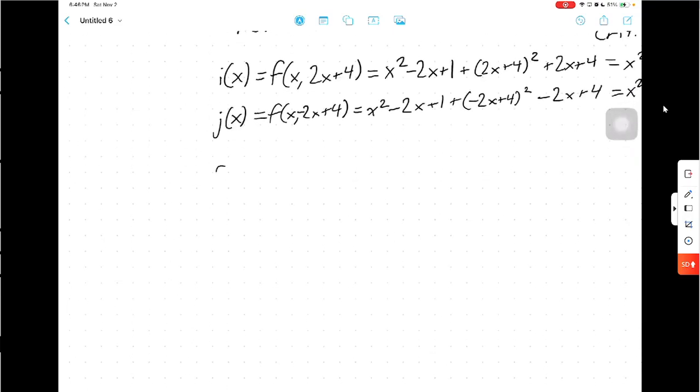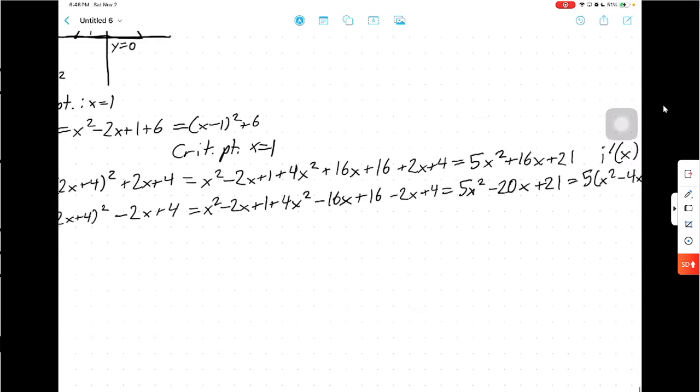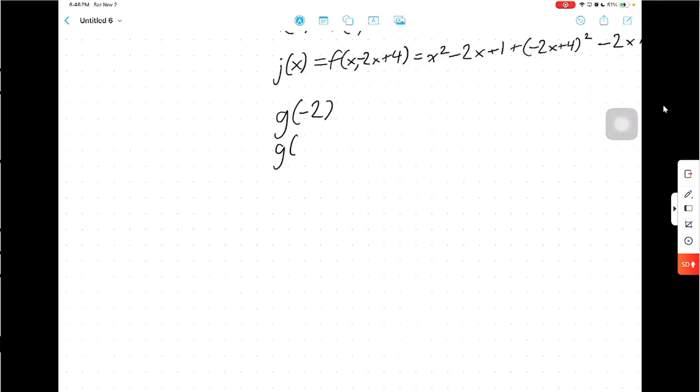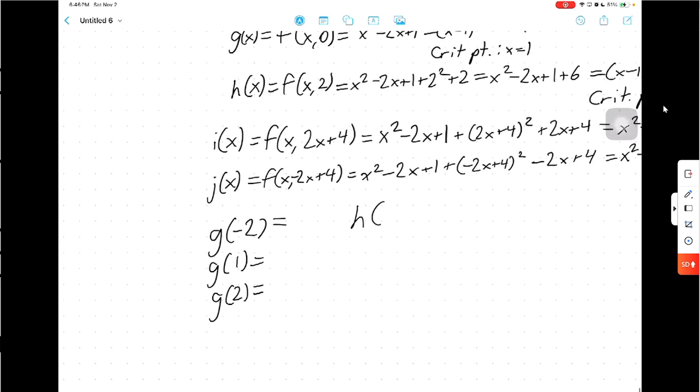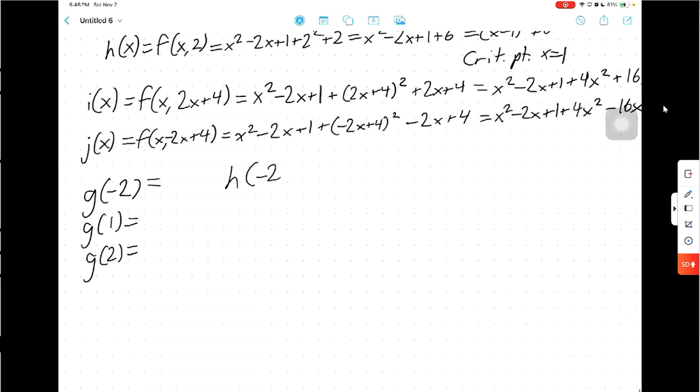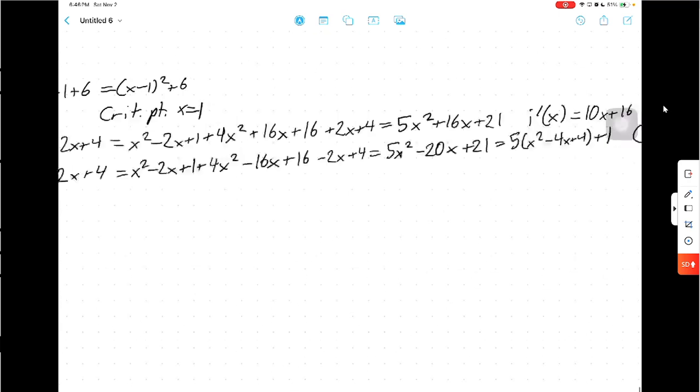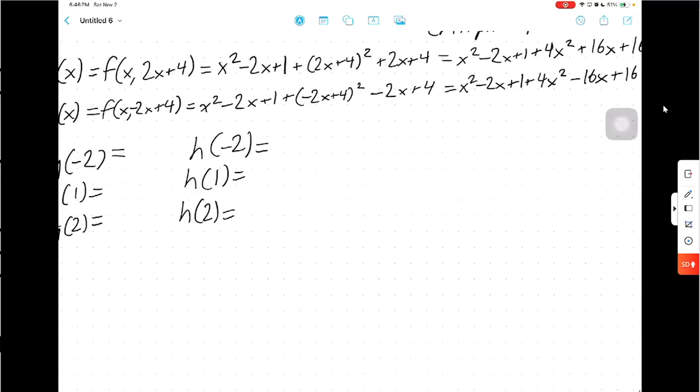All right, now we just plug everything in. G, and then these two had a critical point of 1. I had a critical point of negative 8/5, which is within the boundary.